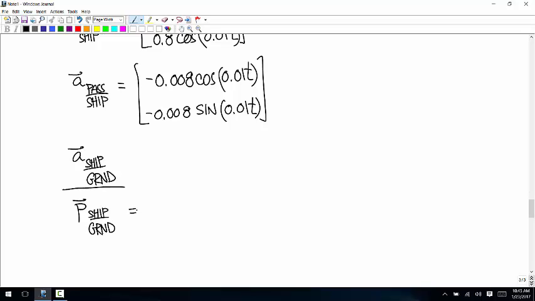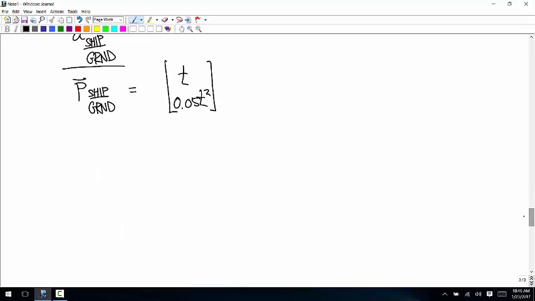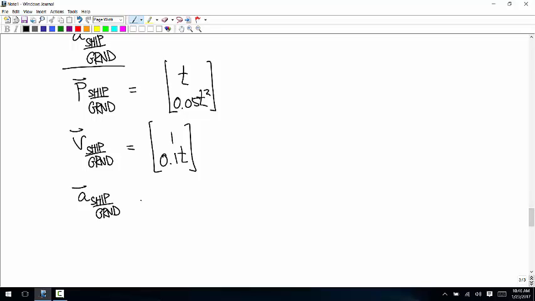The position was t, 0.05 t squared. So the velocity of the ship relative to the ground is 1, 0.1 t. And the acceleration of the ship relative to the ground is 0.1.